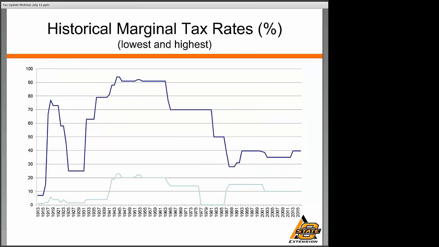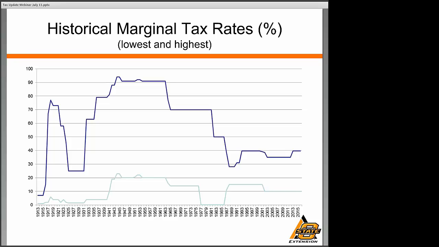This next slide looks at marginal tax rates over time. Now, our current tax code started in 2013, and you can kind of see as high as they've gotten. 93% was our highest tax bracket, and that was in the late 50s, early 60s. Some of you may remember the tax brackets being in the 70%. I do. That changed with the election of 1983.